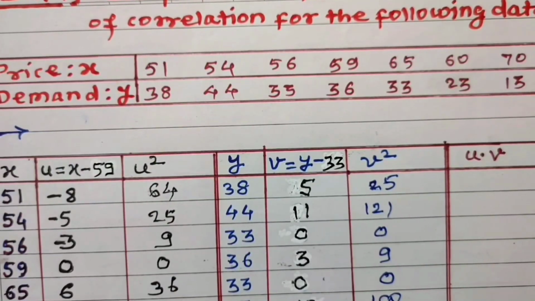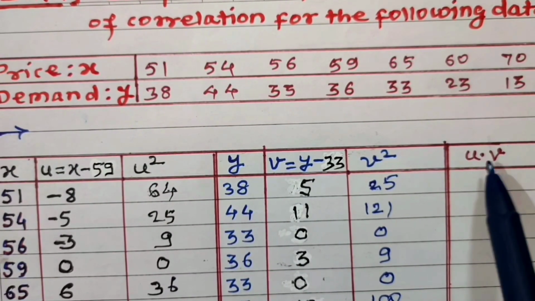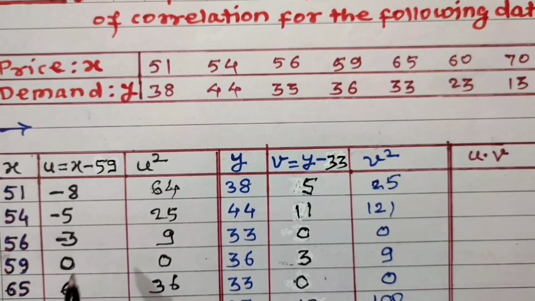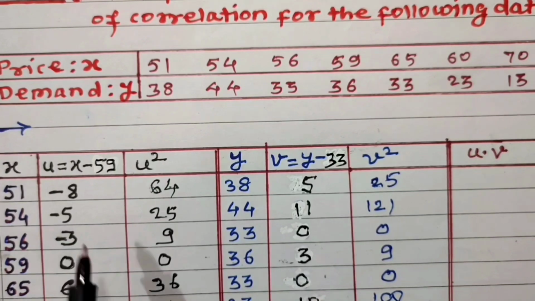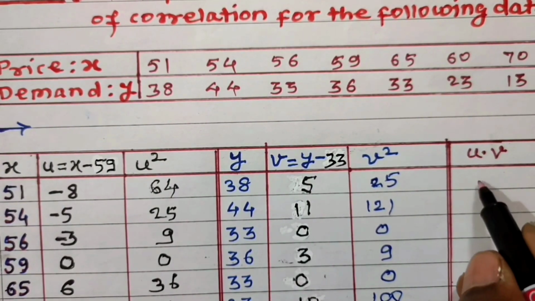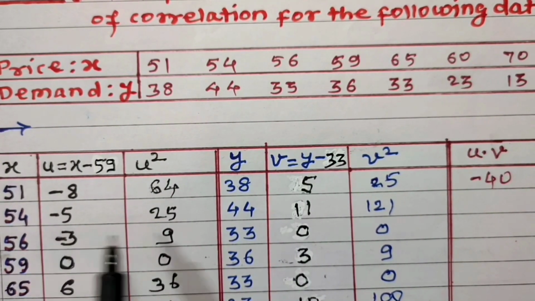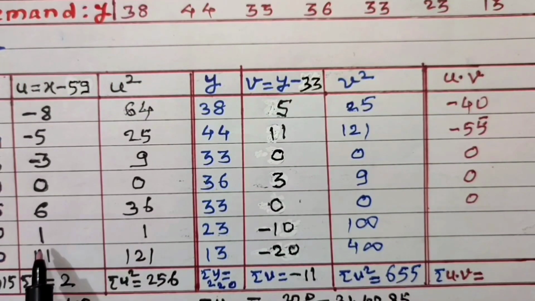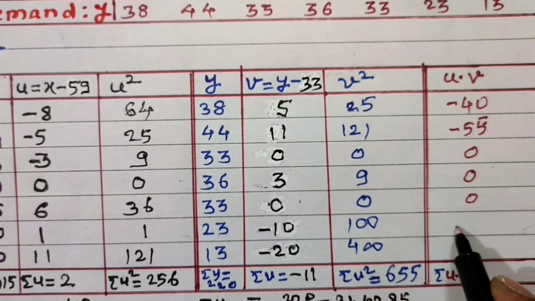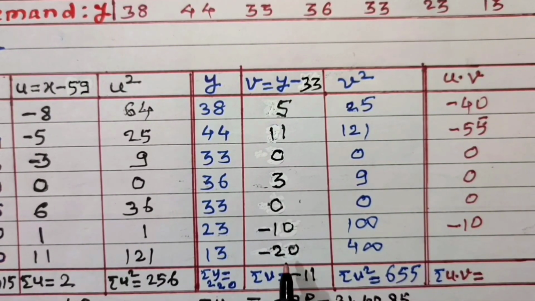Now let us calculate the values for the U into V column. Here we have to multiply the elements from this column with the corresponding elements from this column. Minus 8 into 5 is minus 40, minus 5 into 11 is minus 55, minus 3 into 0 is 0, 0 into 3 is also 0, 6 into 0 is also 0, 1 into minus 10 is equal to minus 10, 11 into minus 20 is equal to minus 220.